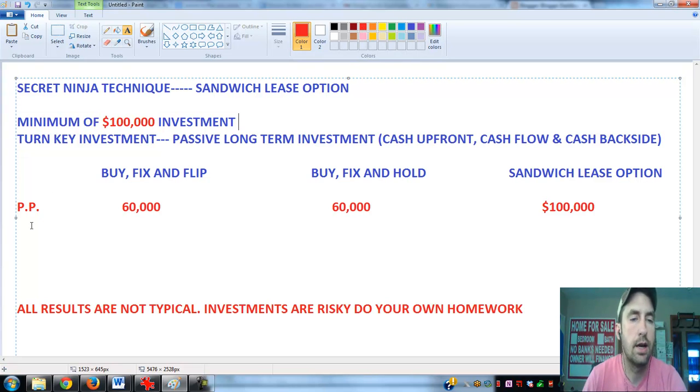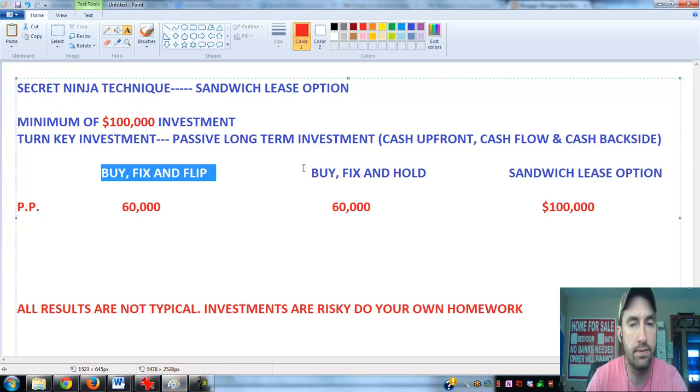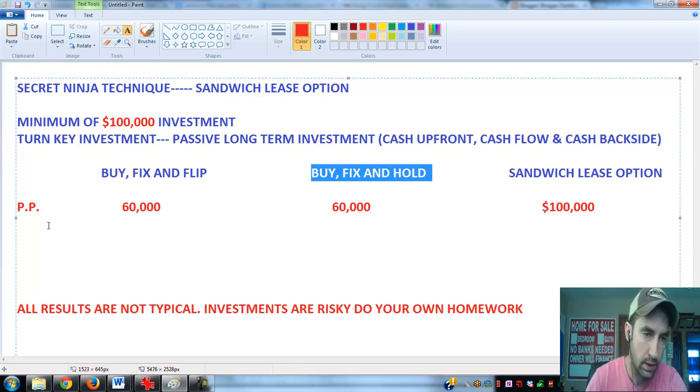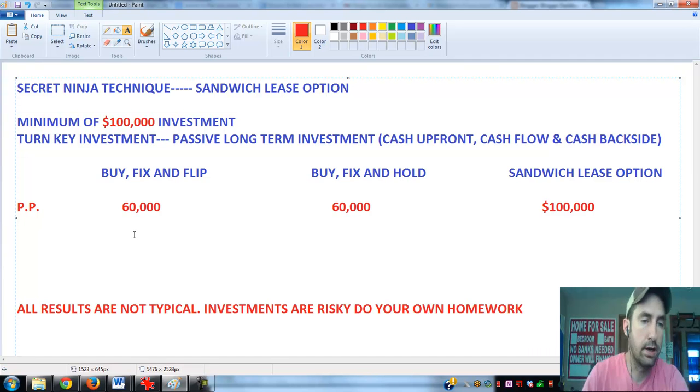I'm going to give you a couple examples here. The purchase price of a house is going to be $60,000 for both the typical avenue and the buy, fix, and hold. We are going to be calculating some cash and cash return.